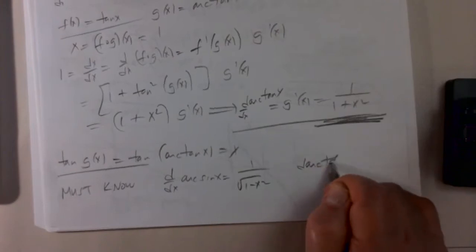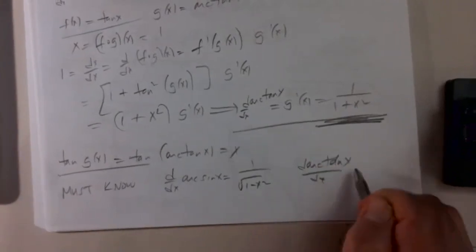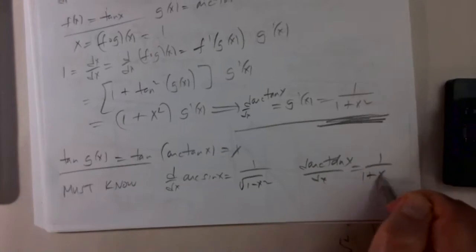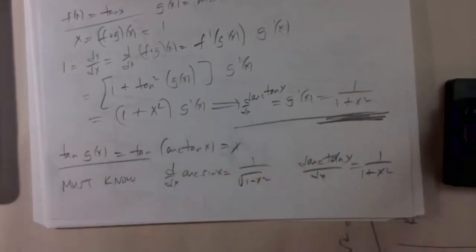Derivative of arctangent of x is 1 over 1 plus x squared. So these are two fundamental facts.